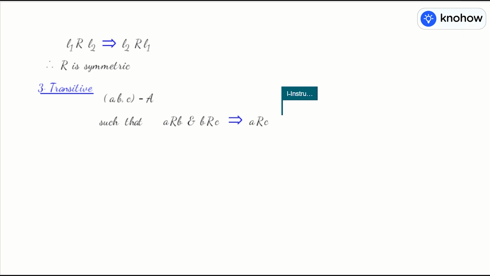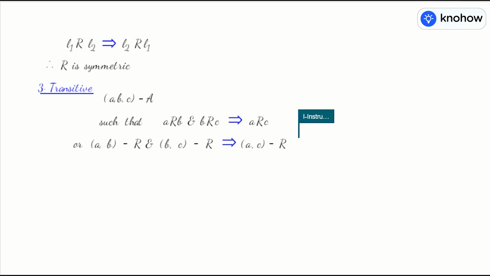Or the same thing can be expressed as (a, b) belongs to R and (b, c) belongs to R implies that (a, c) belongs to R. Then the relation is said to be transitive on the given set A.